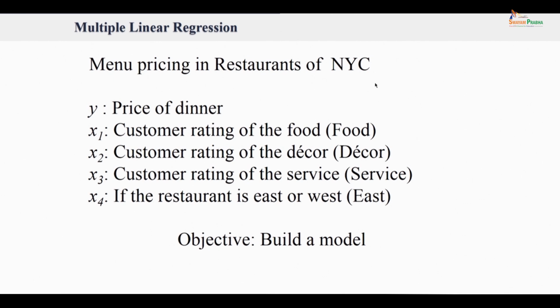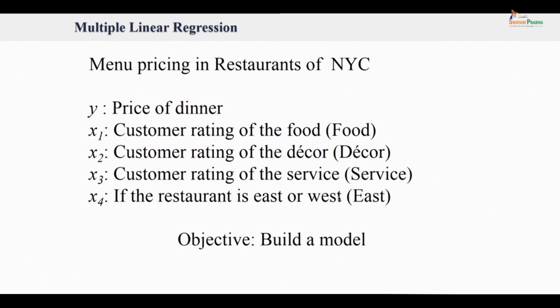Okay, let us go through a simple example in order to revisit these ideas. In this case we have what is called price data, where customers have been asked to rate the food and the other aesthetics of a particular restaurant, and the cost of the dinner was also obtained for these restaurants, along with the location of the restaurants, whether they are on the east side or the west side of a particular street in New York.